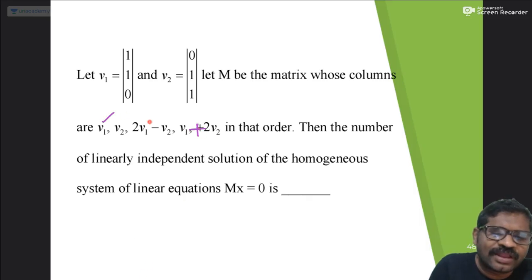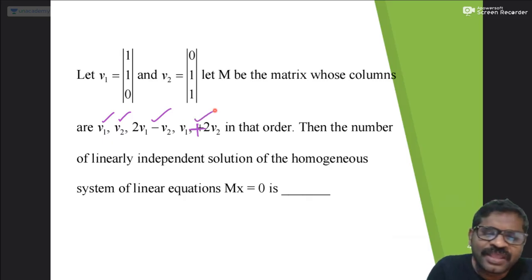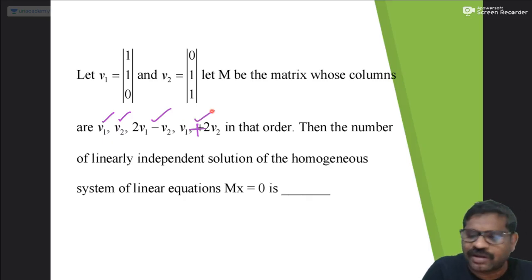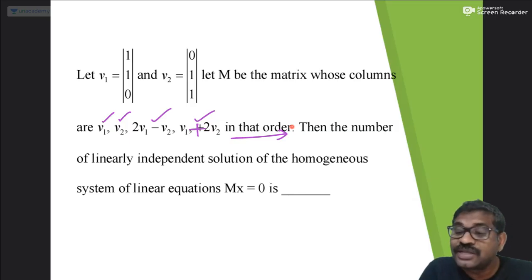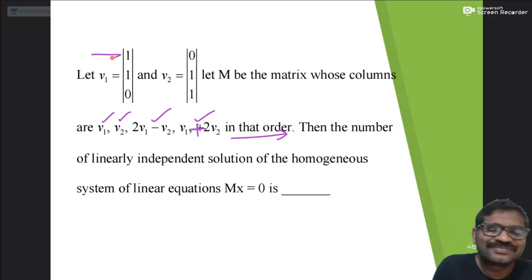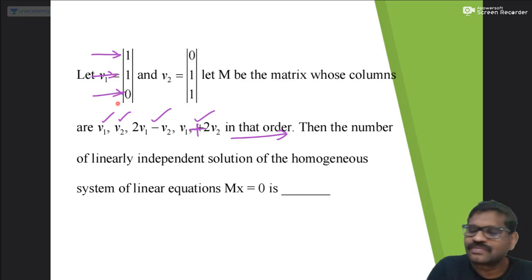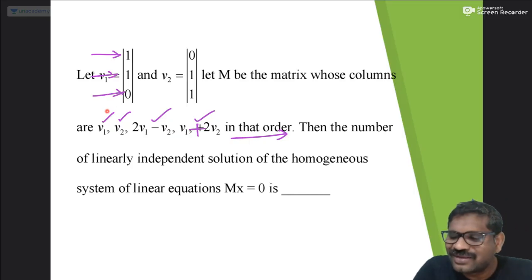V1 is 1 column, V2 is 1 column, 2V1 minus V2 is 1 column, V1 plus 2V2 is 1 column, in the same order as mentioned. Yes, it has 4 columns. How many rows? 3 rows, because V1 has 3 components. So it is a 3 cross 4 matrix. Matrix M is 3 cross 4.